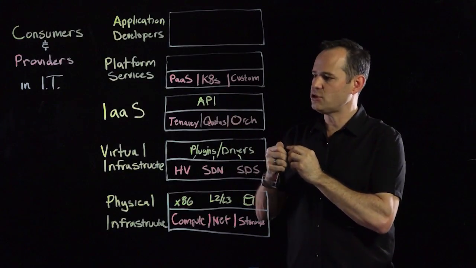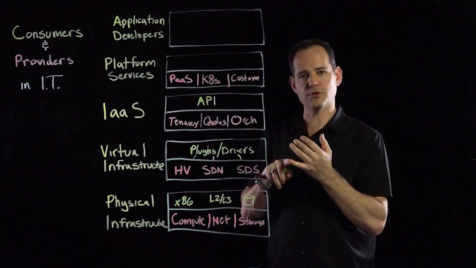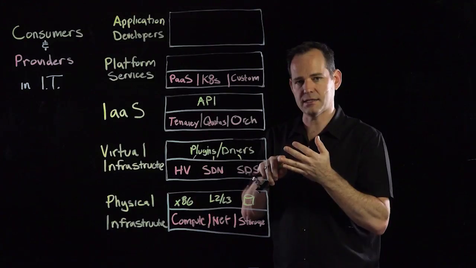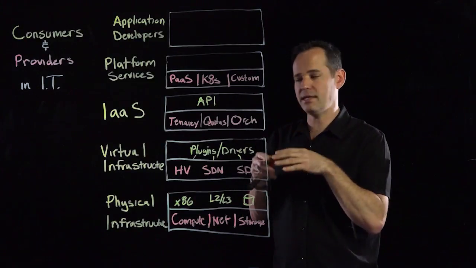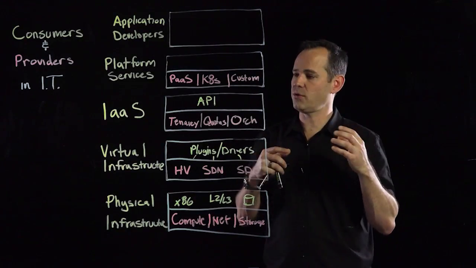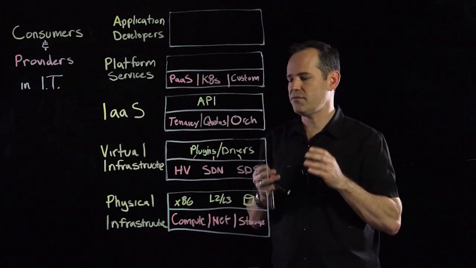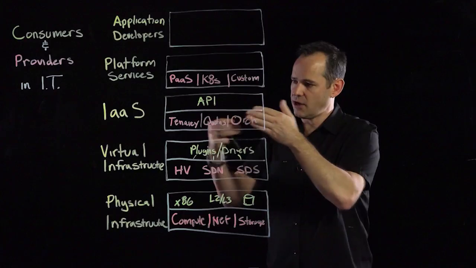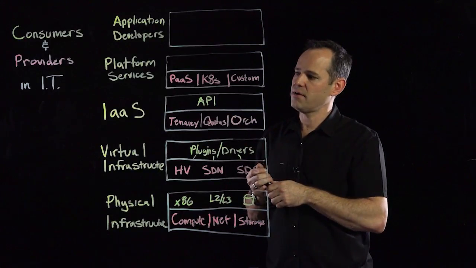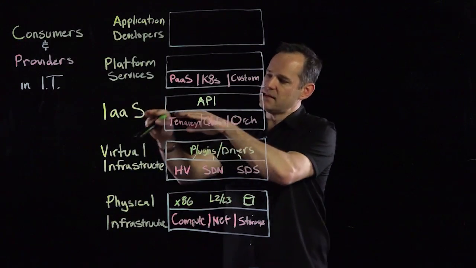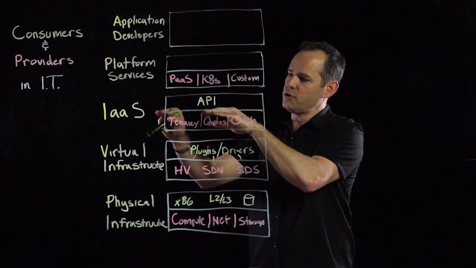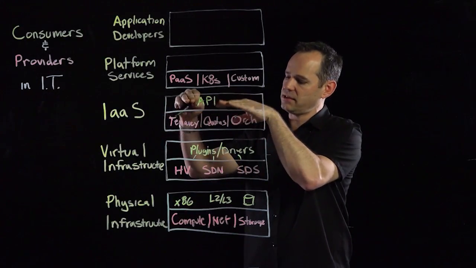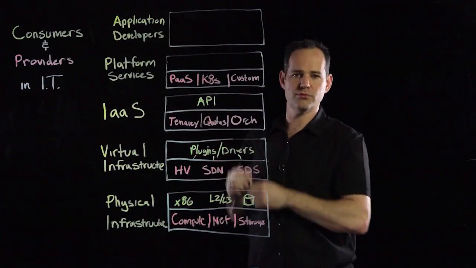What they do is they issue calls like create virtual machine, create instance, connect to network, apply security, attach block storage, right? They just want these very, very simple API calls, and they want a documented API that they can go through and do this stuff. And so, again, the IaaS viewpoint is that they need to abstract the complexity of all these other things down here through simple API calls.